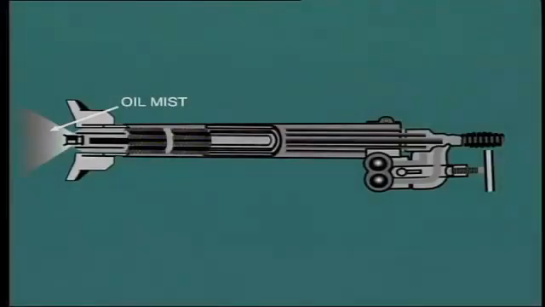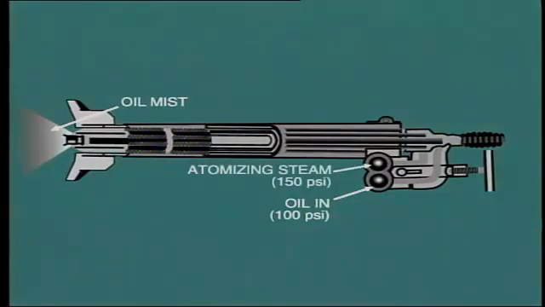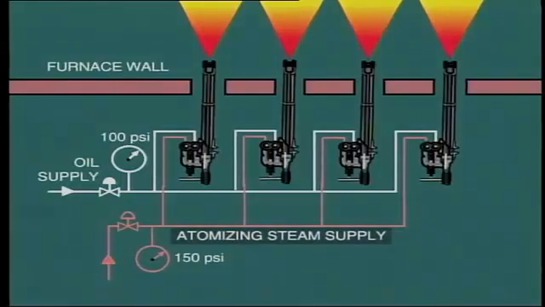In the steam atomizing burner, oil is supplied to the burner at a pressure of about 100 psi. Atomizing steam is fed into the burner barrel at a pressure of about 150 psi, and this serves to force the oil through the holes in the burner tip. The steam supplied for this purpose is usually saturated steam taken from the auxiliary steam system.